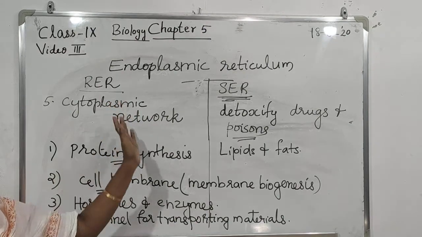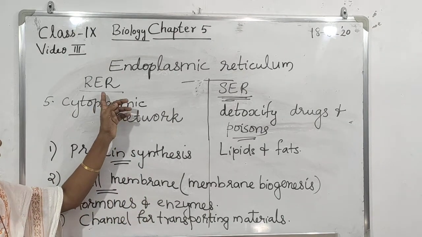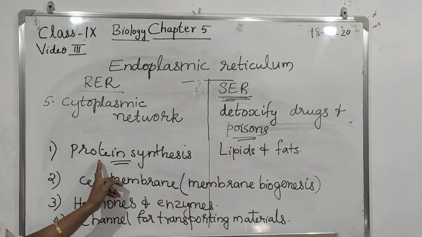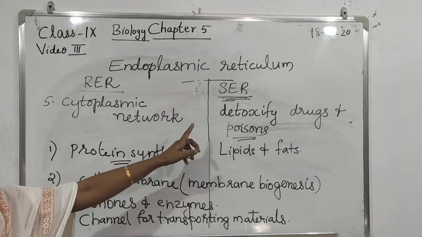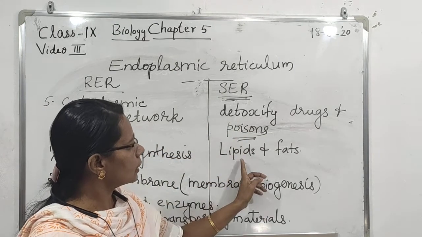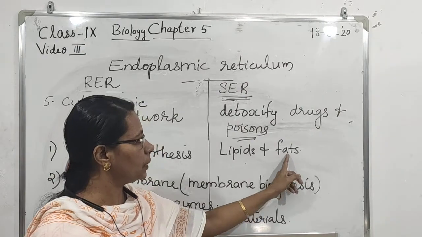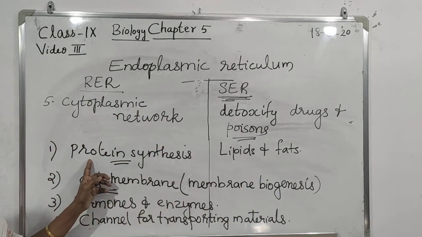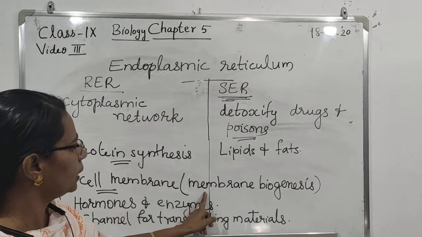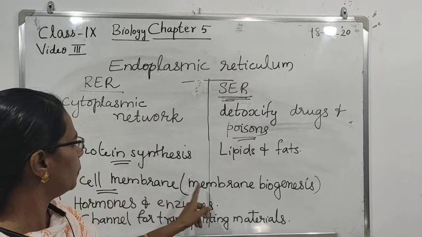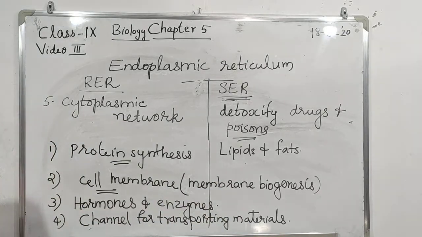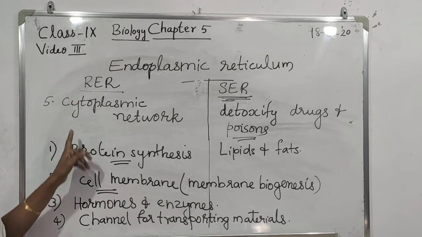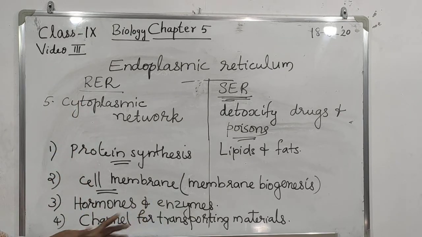So we can summarize the functions again. The function of RER is protein synthesis. The main function of SER is production of lipids and fats. Some of the proteins and lipids are used for building the cell membrane, that is called membrane biogenesis. Some proteins act as hormones and enzymes.